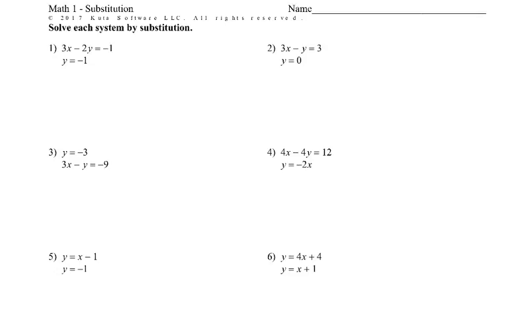Alright, Math 1, let's take a look at this substitution. So we're going to use substitution, and remember, the key idea with substitution is that we're trying to get one variable in one equation by itself.